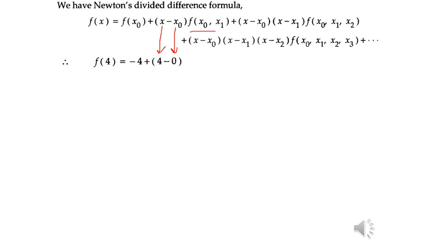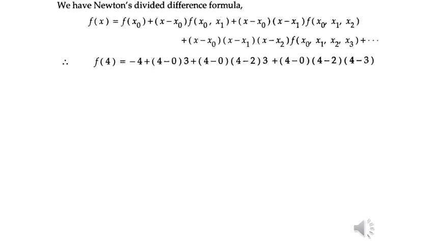Now let us write f of x naught comma x1, which we have found in the table, whose value is 3, plus x minus x naught into x minus x1 into f of x naught comma x1 comma x2, from the table it is 3, plus x minus x naught into x minus x1 into x minus x2, into f of x naught comma x1 comma x2 comma x3.